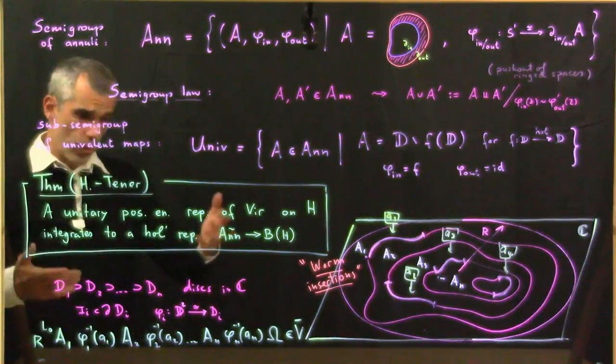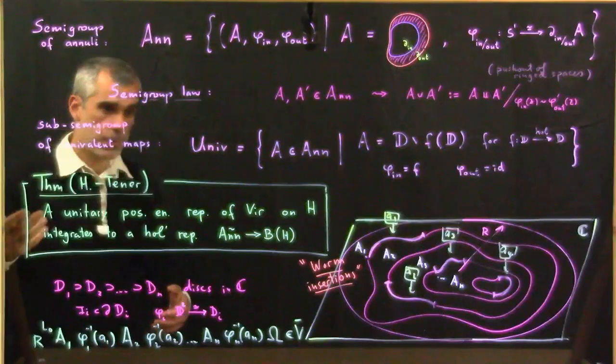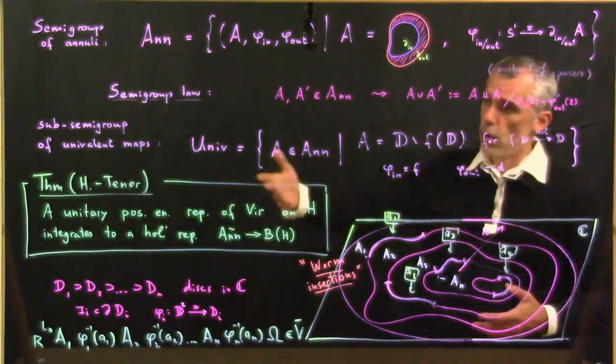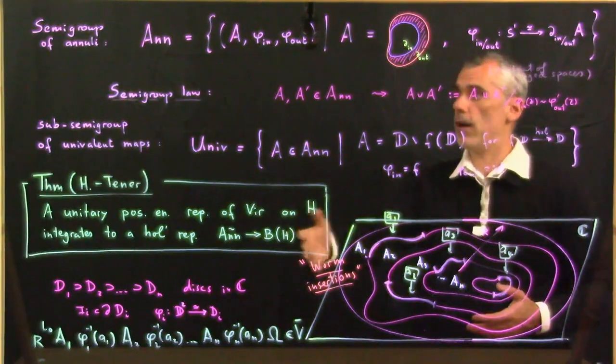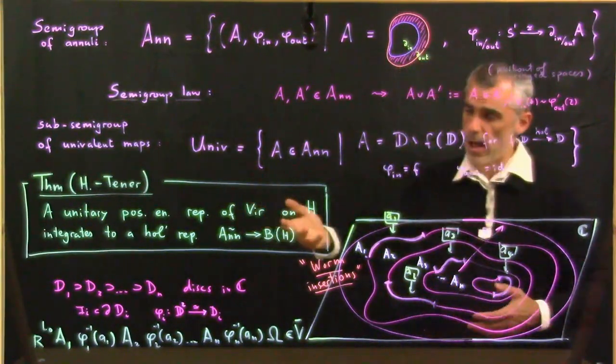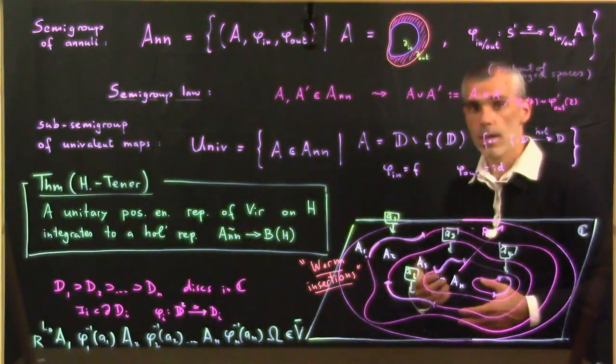And then there is a result due to myself and James Tener that says that any positive energy representation of the Virasoro algebra on some Hilbert space H integrates to a holomorphic representation of, well, not quite this, but the central extension of the semigroup of annuli by bounded operators on this Hilbert space.